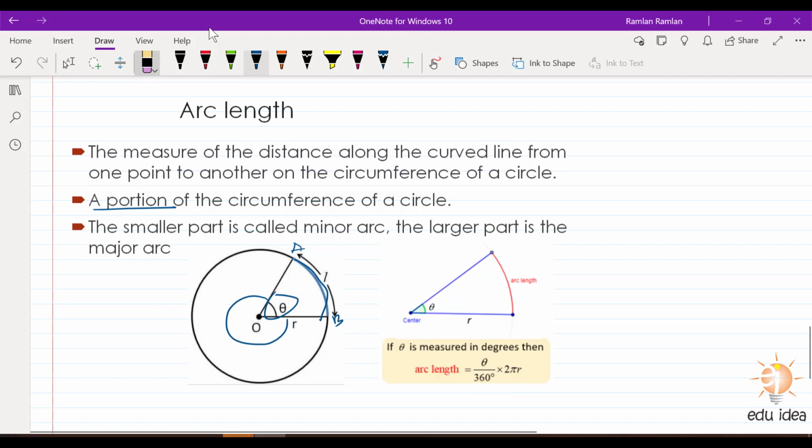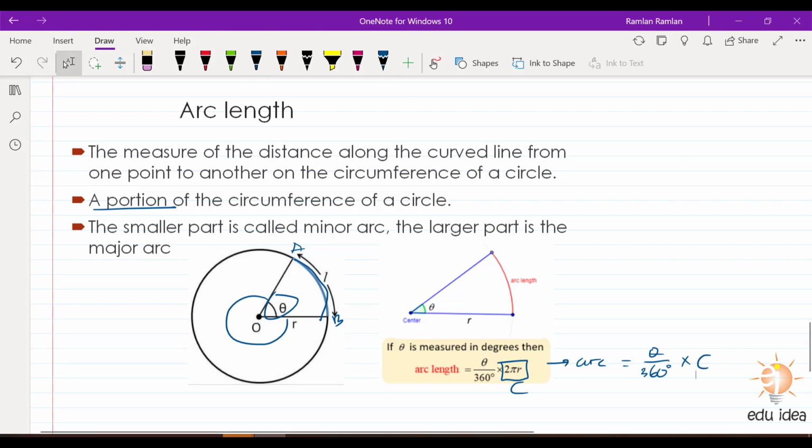Notice that this 2 pi r is actually just the circumference. So if I rewrite this formula, the arc length is just equal to theta over 360 degrees multiplied by the circumference of the circle. Okay, so this is the very basic concept of arc length.